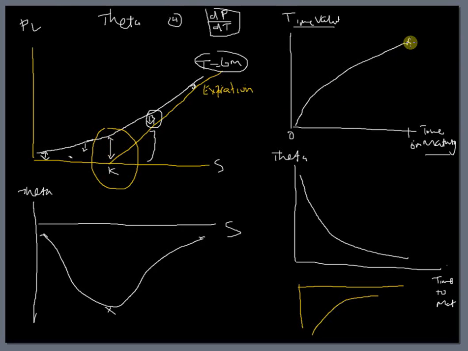So we can represent the time value in this graph by drawing the different types of options here. Assume this at the money option is the largest, represented by 6 months. Let's say this is X.